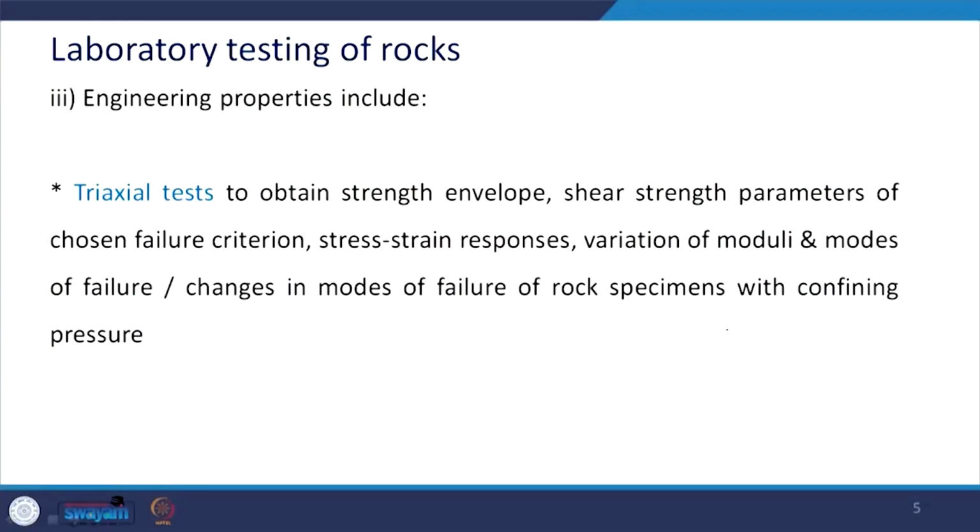Then the triaxial test, you all are aware of with reference to soil. In this test, you apply the all around confining pressure and then you increase the pressure in the axial direction so that the shearing can take place.